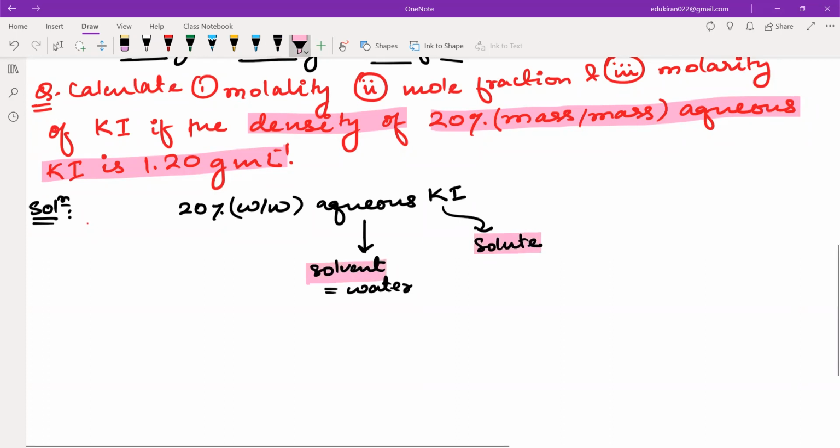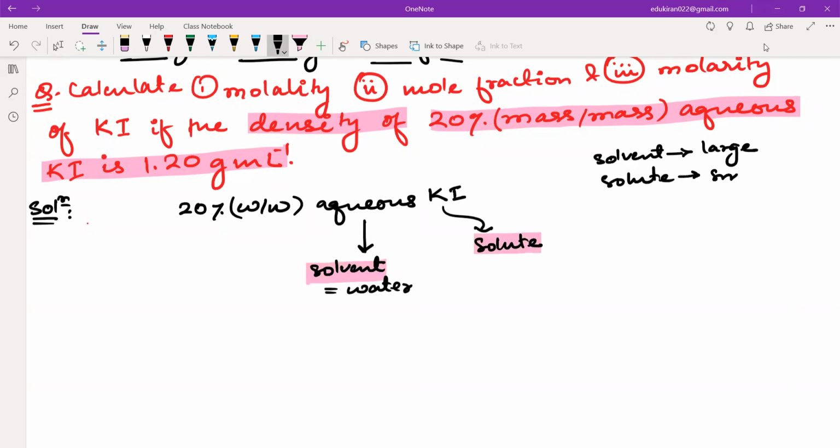Yes or no? You got it, Rayan? Also, is solvent something which is in larger amount or smaller amount? Large amount. Very good. Large amount. And solute is something that is in small amount, right?